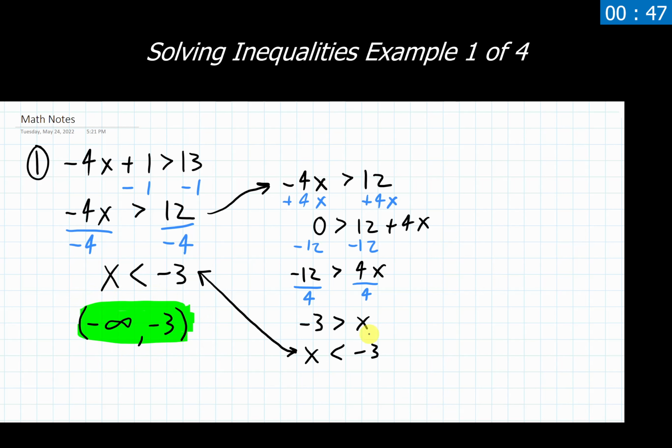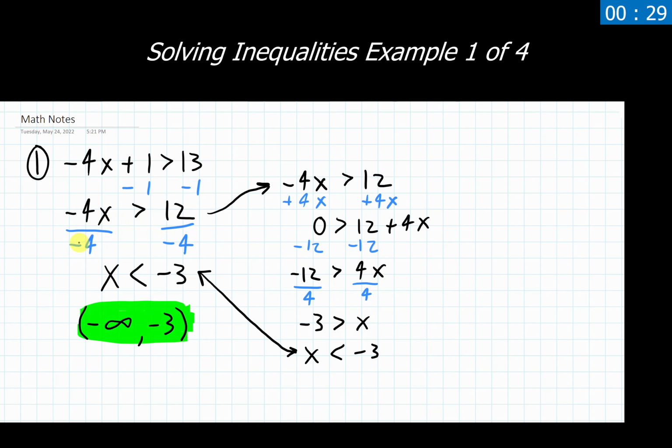So this is why we end up having to flip this inequality when we divide or multiply by a negative number. It's because if we were to get rid of this negative sign using addition and subtraction, we are effectively flipping the inequality at some point in that problem.